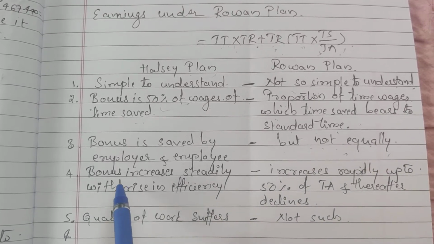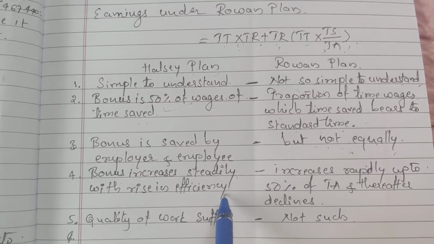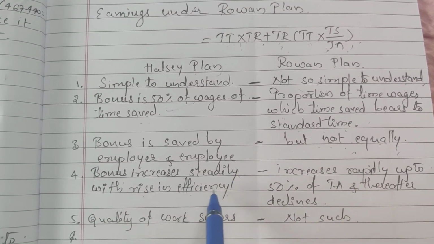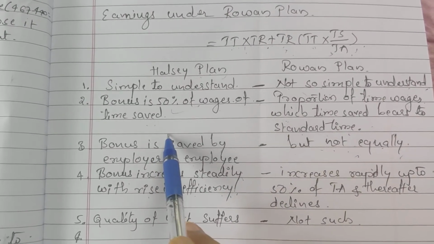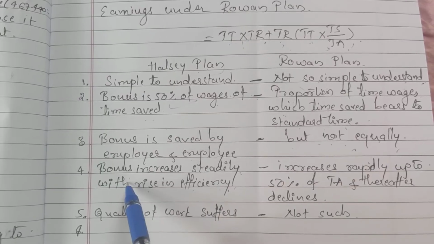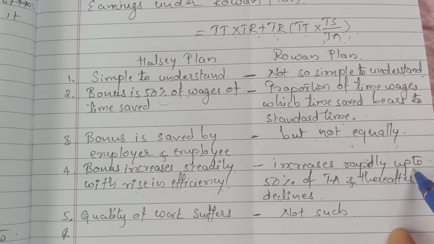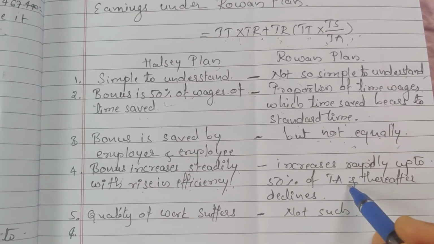Next, bonus increases steadily with rise in efficiency. If time saved is more, the bonus will be more in the Halsey plan. In the Rowan plan, it increases rapidly up to 50% of time allowed.